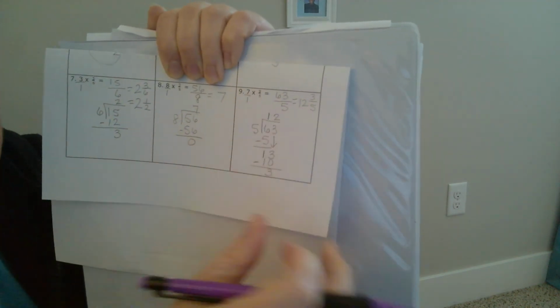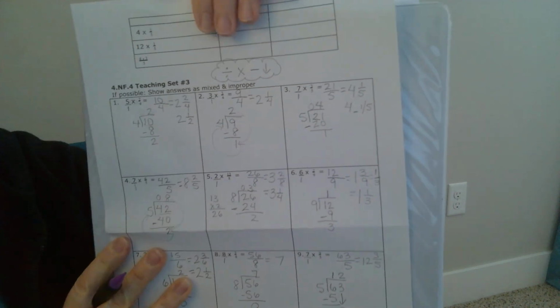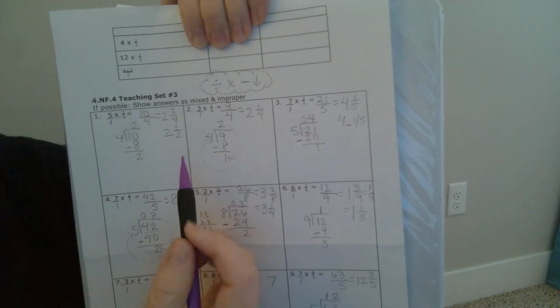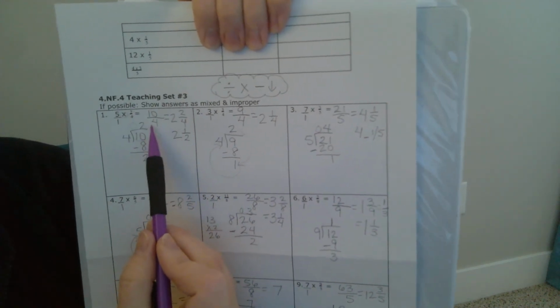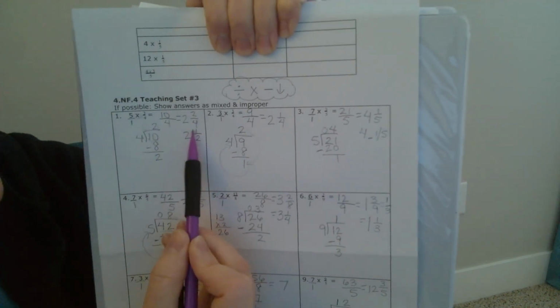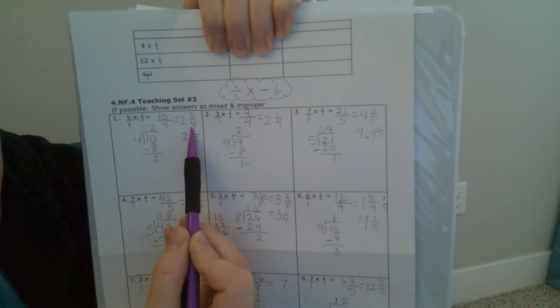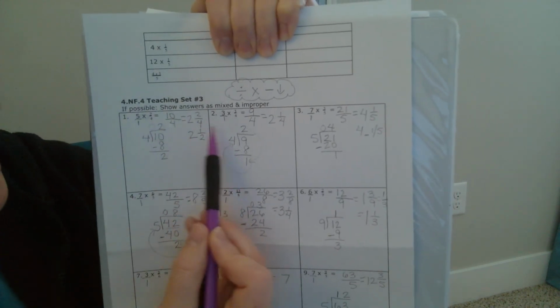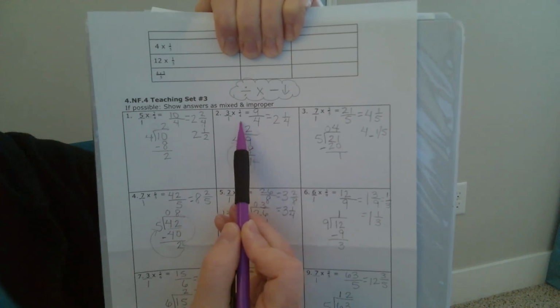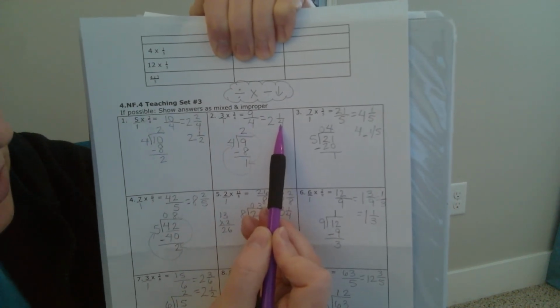So one of the ways that you know that you're doing it correctly is to look back at your denominator. Whatever your denominator is in the improper fraction, that's still going to be your ending denominator in your mixed fraction. So with the fourths, we started with fourths, and there it is in the mixed fraction again.